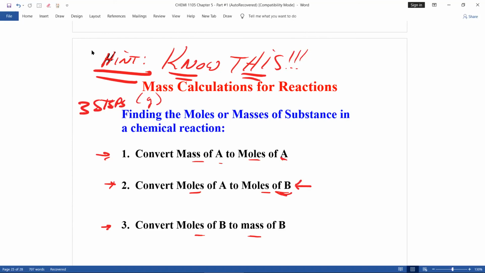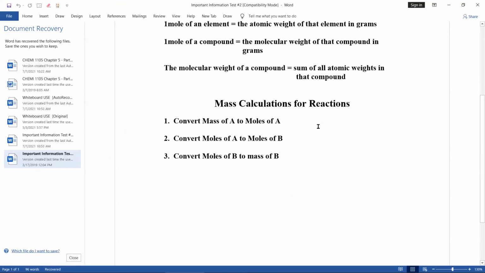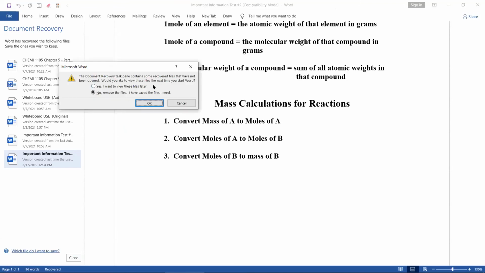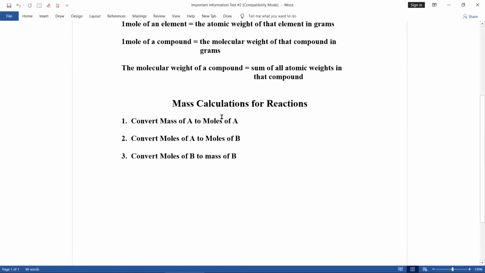In step 2, you use the molar ratios of a balanced chemical equation. Now, good news, I used to make students memorize this, but if you look on important information, test number 2, you'll see mass calculations for reactions, the 3 steps.